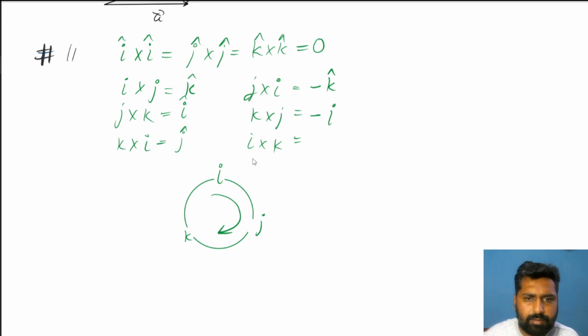Similarly, i cross k, move to the next one, j, but since you are moving in the opposite direction, you put a negative. So no need to learn these 6 results, the later ones specifically. The first ones you can relate with a cross a. These second ones, these 3 and 3, 6, you relate with this diagram. One single diagram, 6 results.